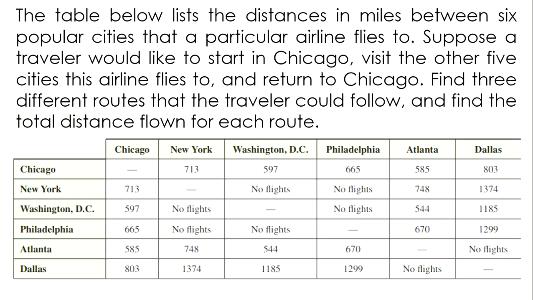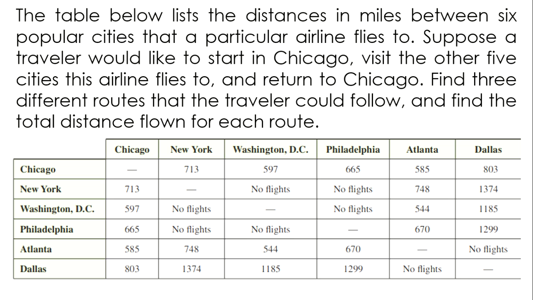For instance, the table below lists the distances in miles between 6 popular cities that a particular airline flies to. Suppose a traveler would like to start in Chicago, visit the other 5 cities this airline flies to, and return to Chicago. Let's try to find different routes that the traveler could follow and find the total distance flown for each route.